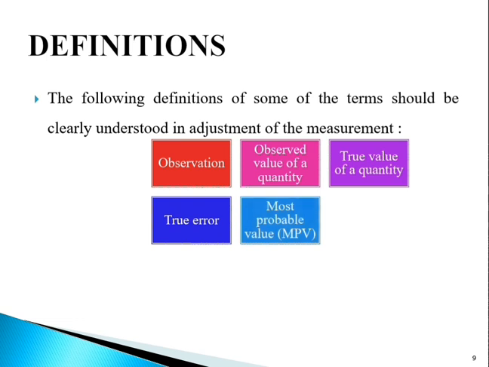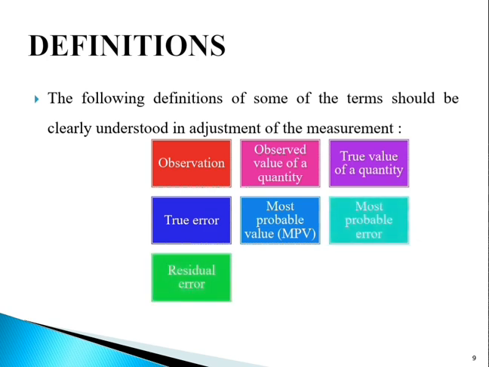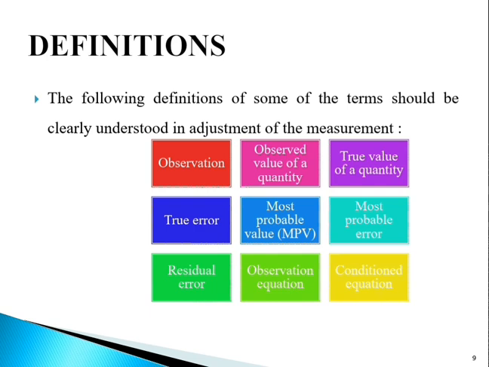Then most probable value, denoted by MPV. Next, most probable error. Next is residual error. Then observation equation, condition equation, and lastly normal equation.